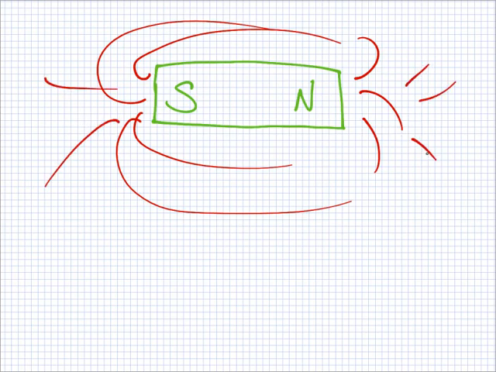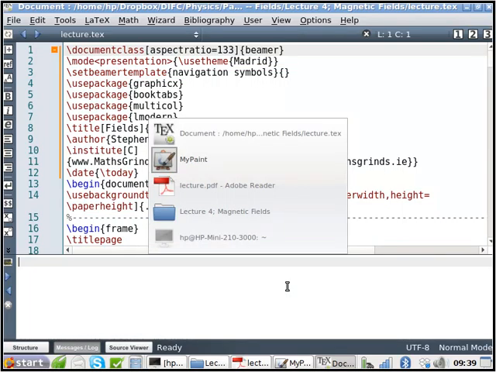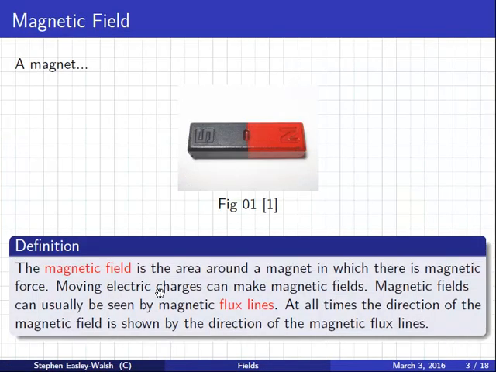You remember this from middle school, don't you? These are called the flux lines. We'll talk more about that later, but that's what I mean here, that magnetic fields can be seen by the flux lines. Okay, so if we can write the rest of this definition down. I know it's a long definition.